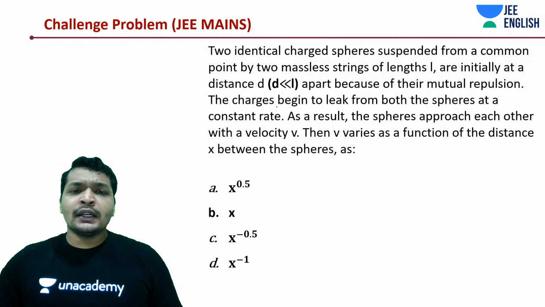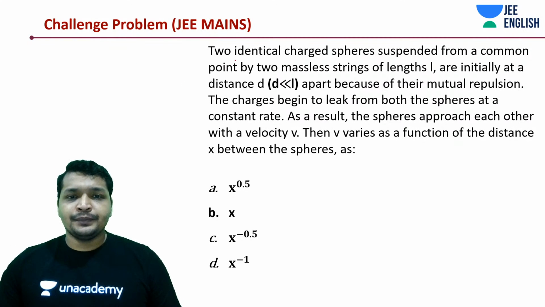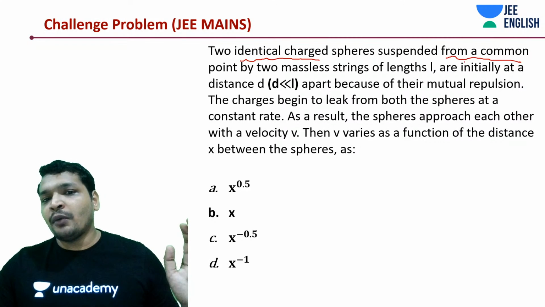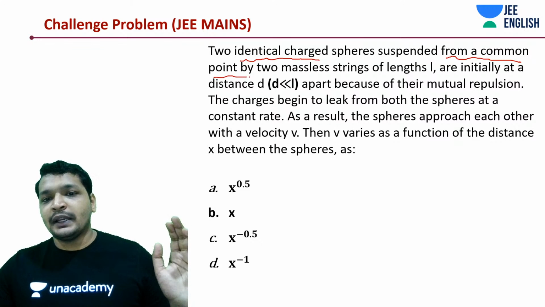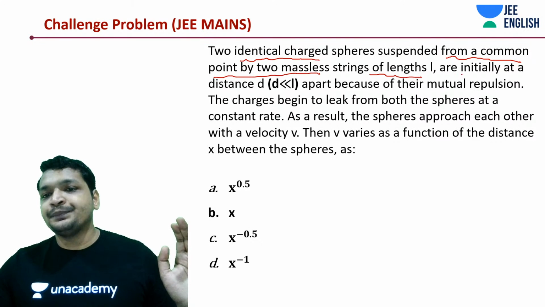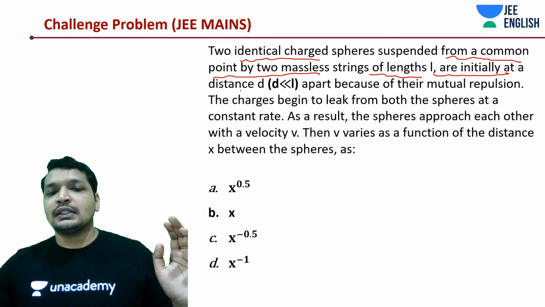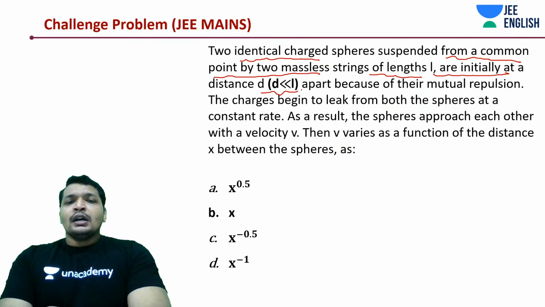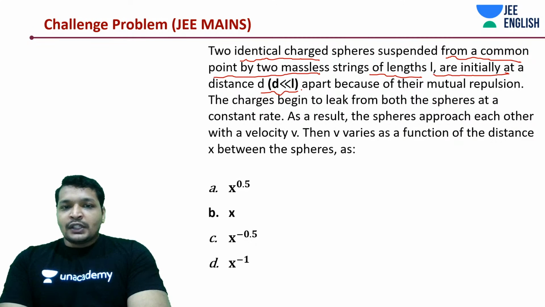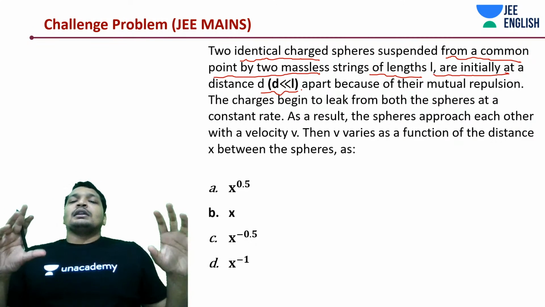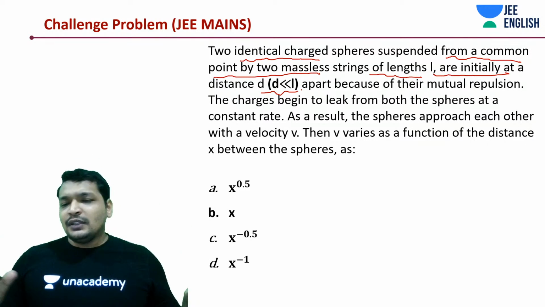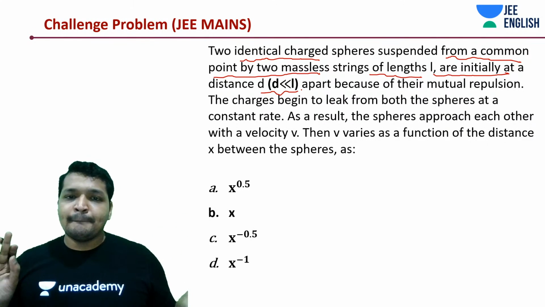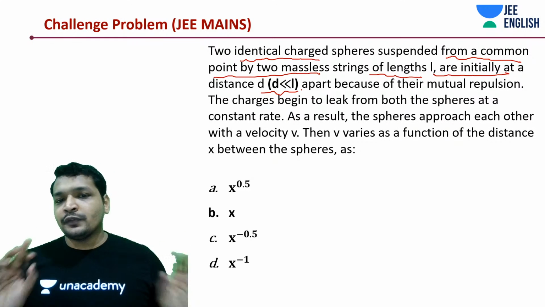So you have two identical charged spheres suspended from a common point by a massless string of length L, and are initially at a distance d less than L. So what is happening is you have two identical spheres suspended from a common point on a string, at a distance d apart because of the mutual repulsion.